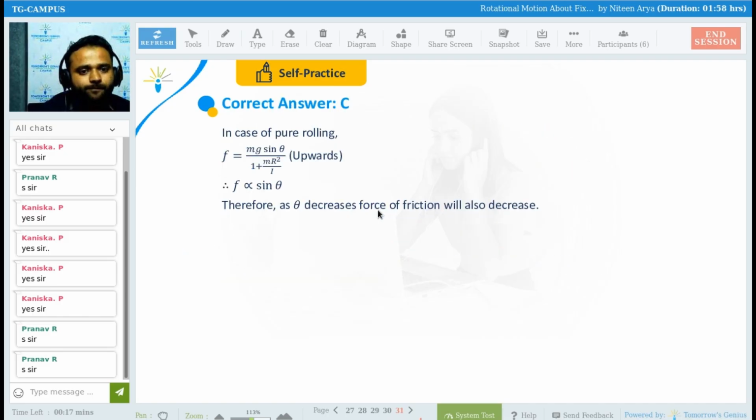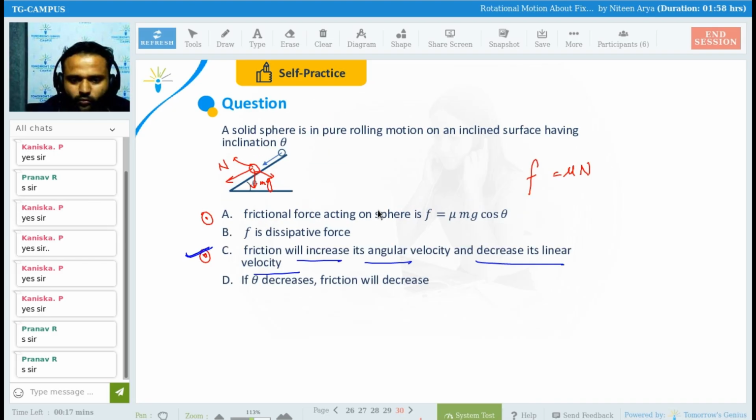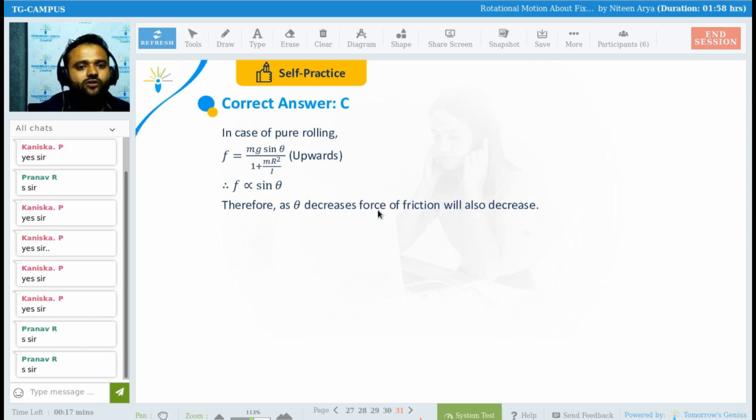In case of pure rolling, friction, okay, mg sin theta, okay, wait. Only this is not going to be in the pure rolling case. In the sliding case, in the normal case, you can see that. But in the pure rolling case, we have the frictional force formula, that is mg sin theta divided by 1 plus m r square by I. So from this relation, F is directly proportional to sin theta.